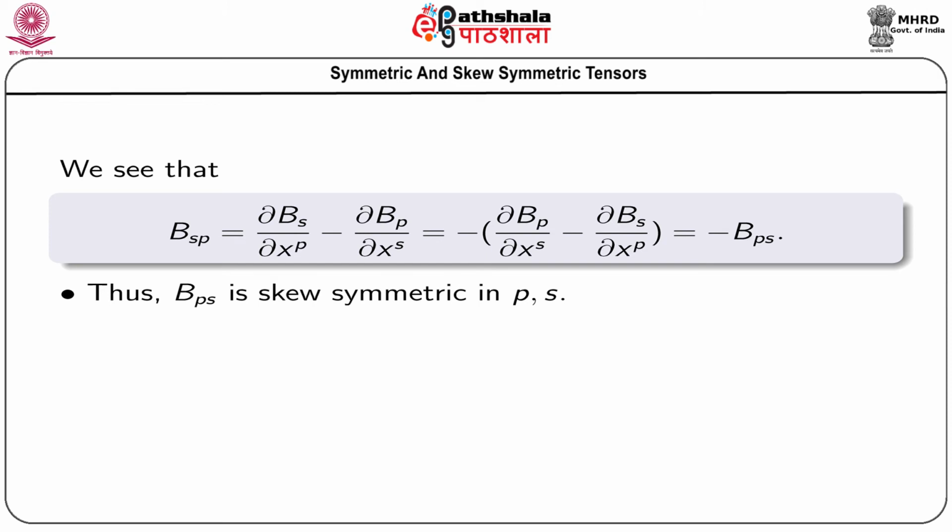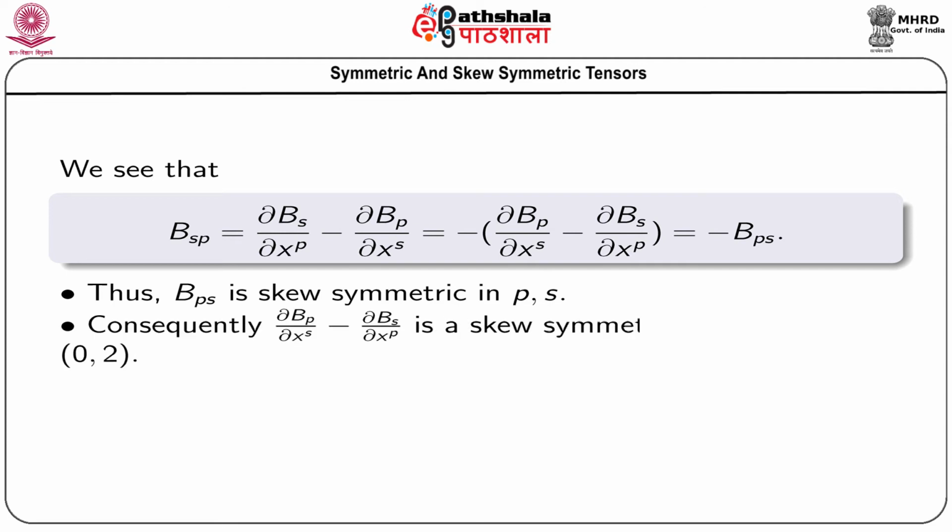Thus, Bps is skew symmetric in p and s. Thus, del Bp del Xs minus del Bs del Xp is a skew symmetric tensor of type 0, 2.